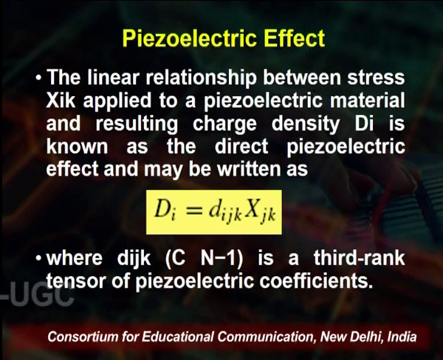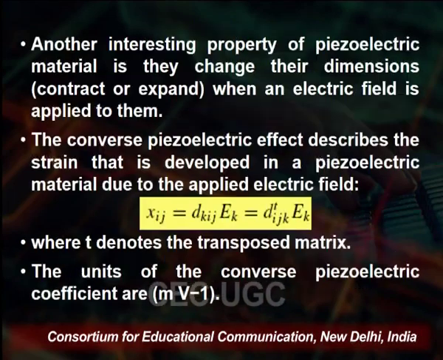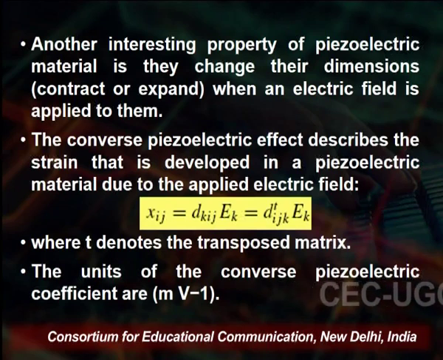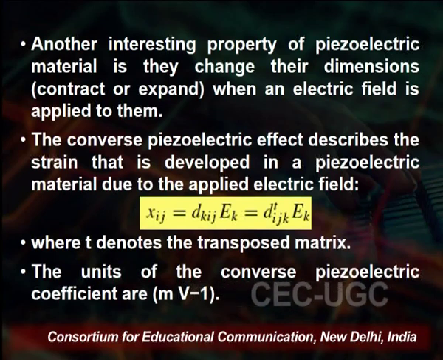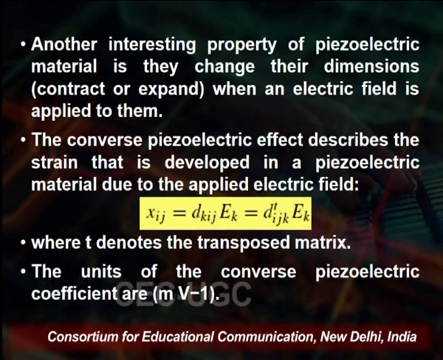Here, small d is defined as the coefficient, the proportionality constant, where dijk is a third rank tensor of the piezoelectric coefficient. Another interesting property of piezoelectric material is that it changes its dimensions when an electric field is applied. It may contract or expand whenever force or pressure is applied to the sensor.